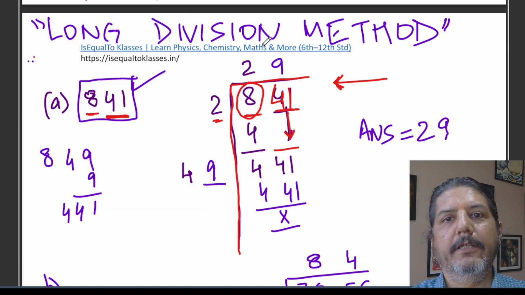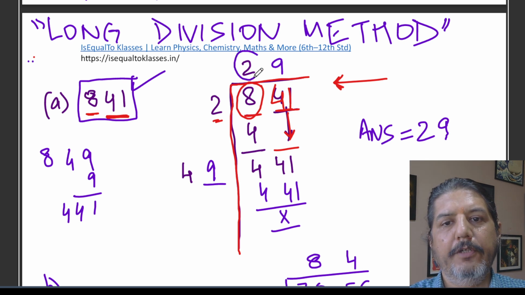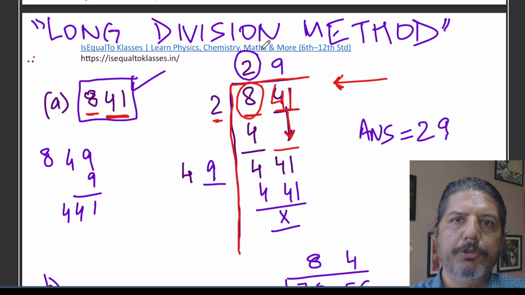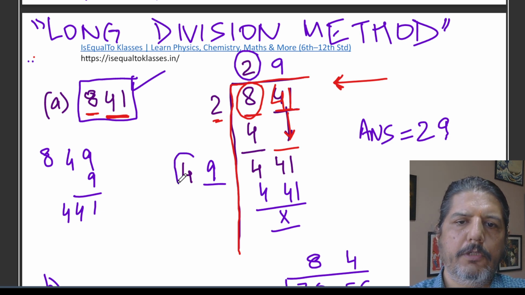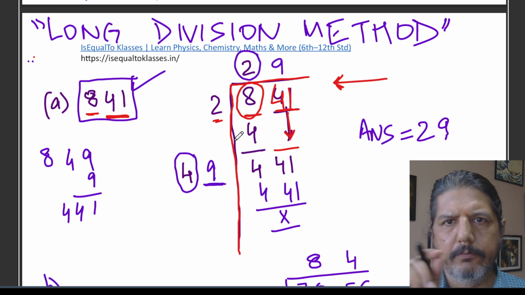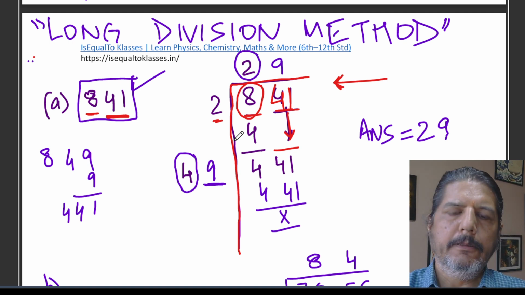So the next part is critical. Now I have 2 as a quotient. You take the quotient and multiply it by 2. So 2 twos are 4, and I have written 4 here. And then put a blank space.